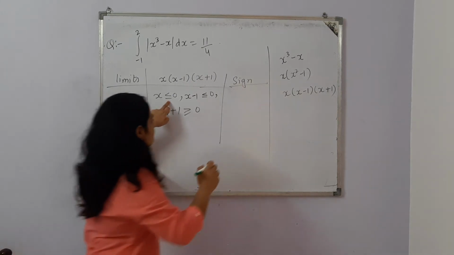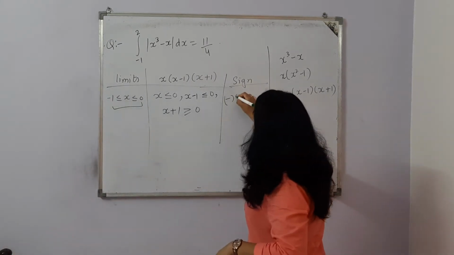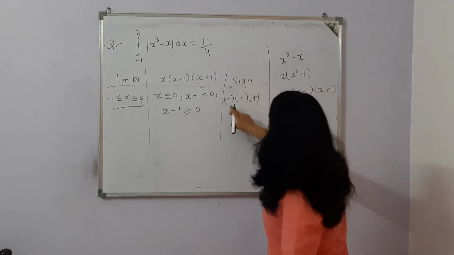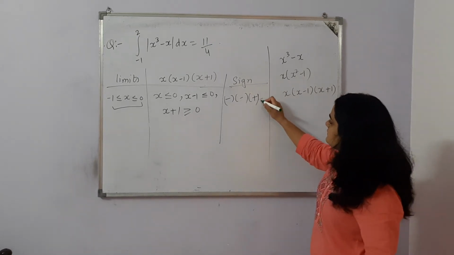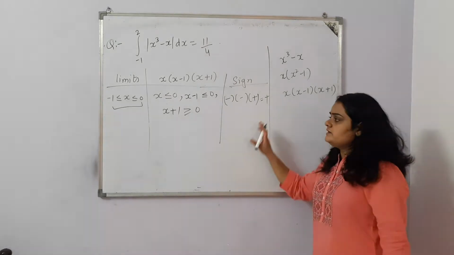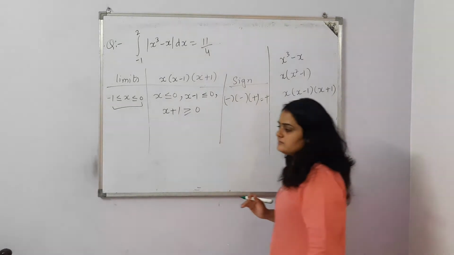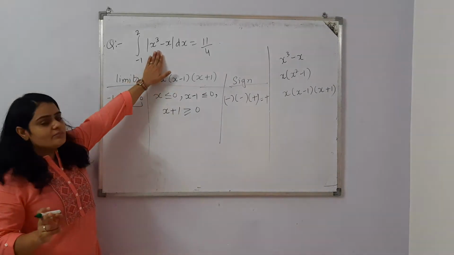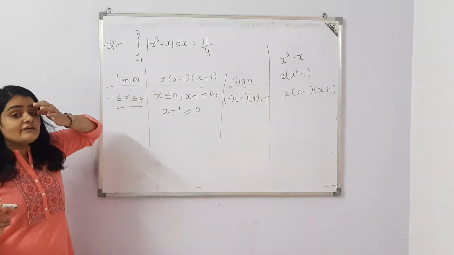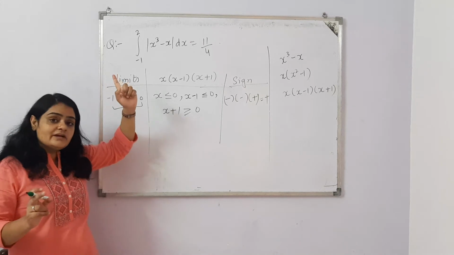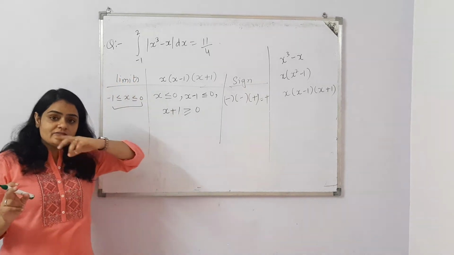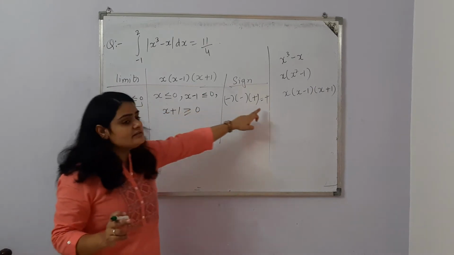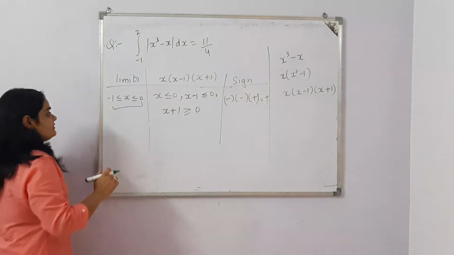One is negative, another one is negative, and another one is positive: minus minus plus, so it is positive. That means our function will become positive. Because of modulus, we have to take two functions, one negative and another positive. So for the limits minus 1 to 0, we need to take the positive function.